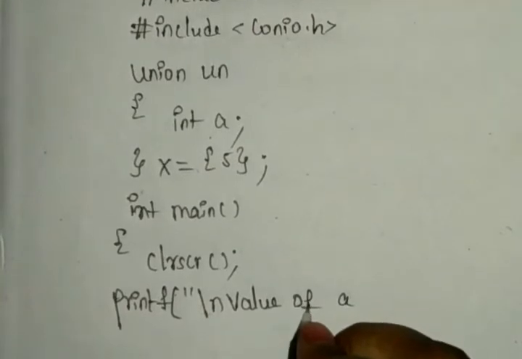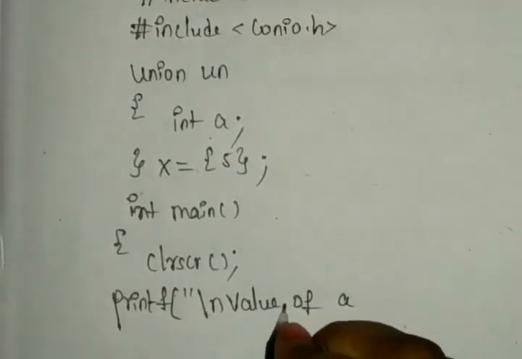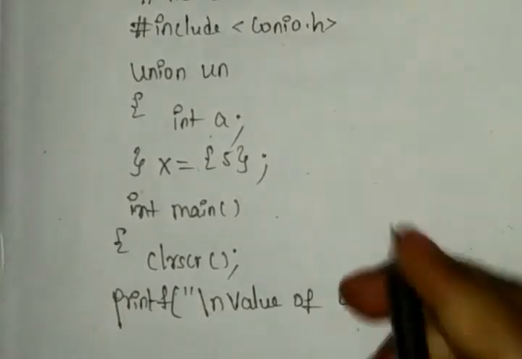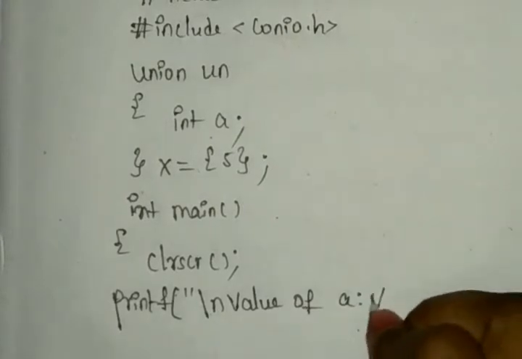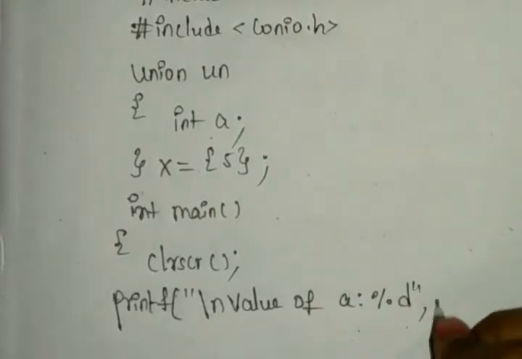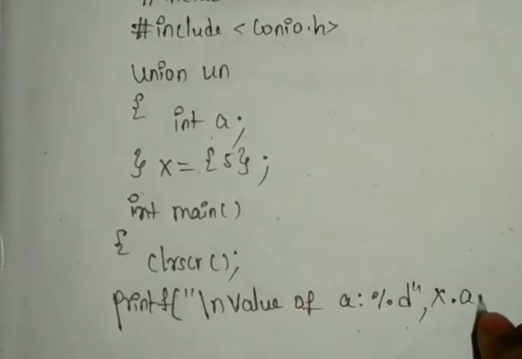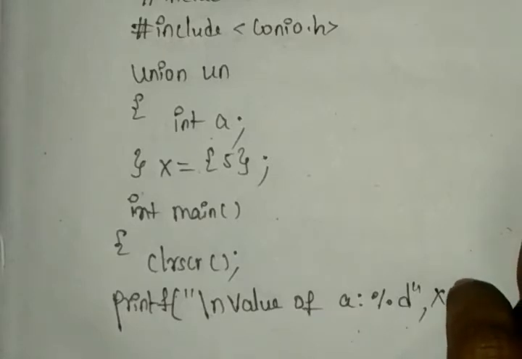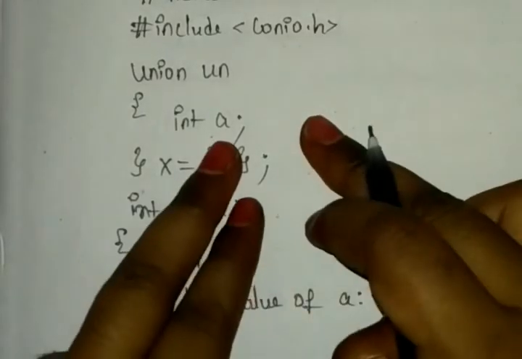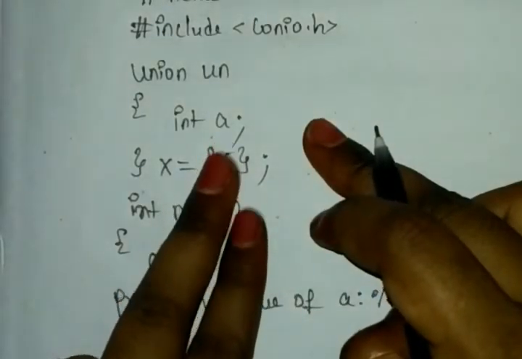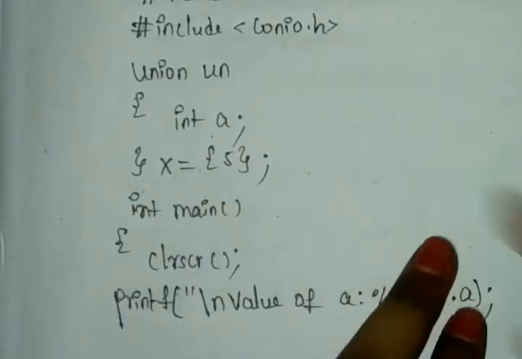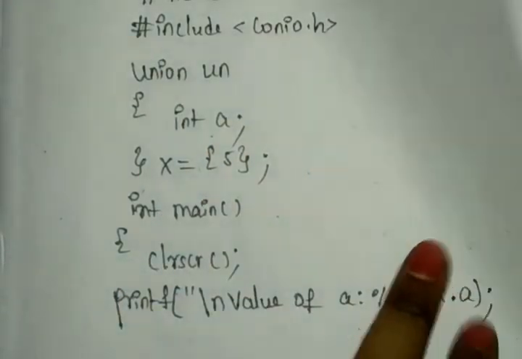So how will the value of a come here? By the x, the value of a will be printed with percent d, comma, x dot operator. So what do we have? Variable dot member. What do we have as the member here? a. And what do we have as the variable? That is x. You can write it here, you will understand.